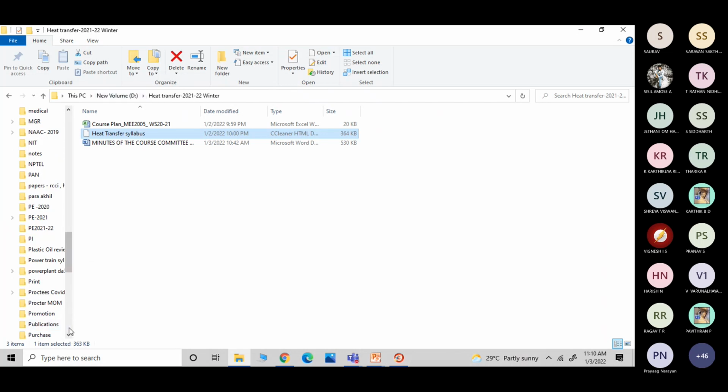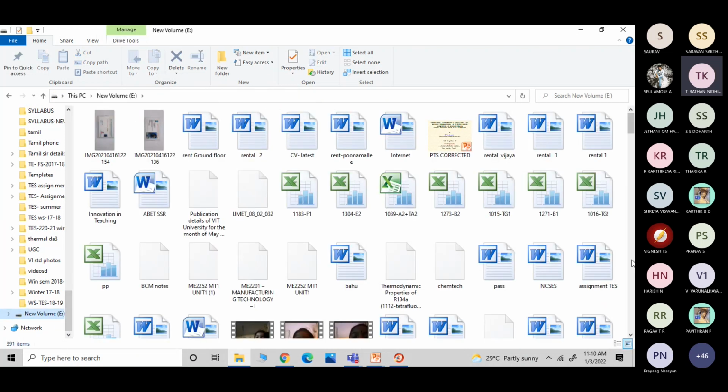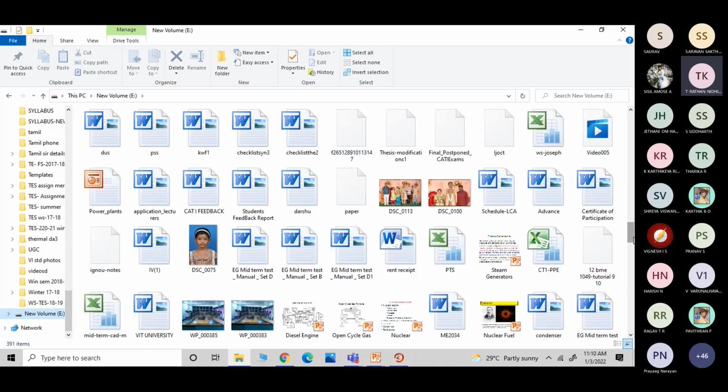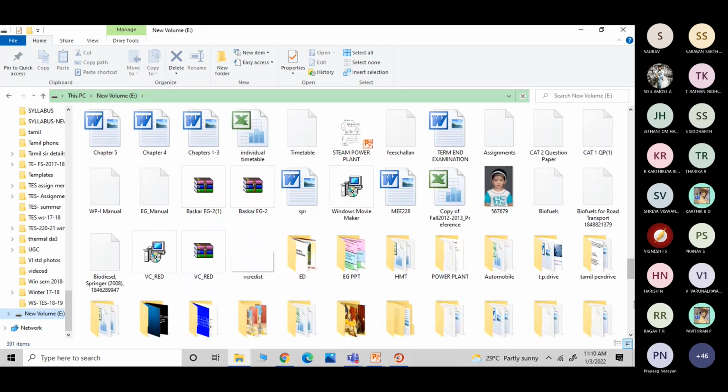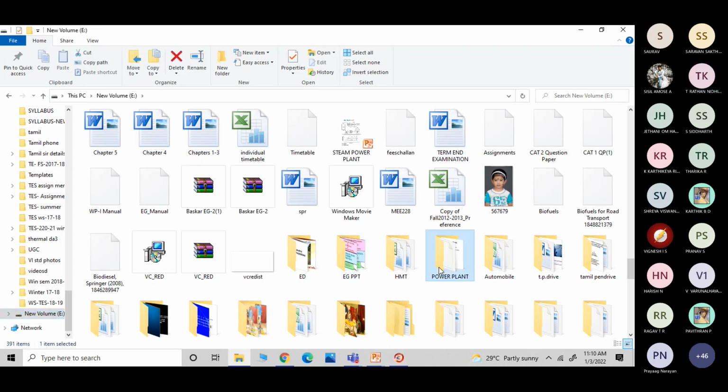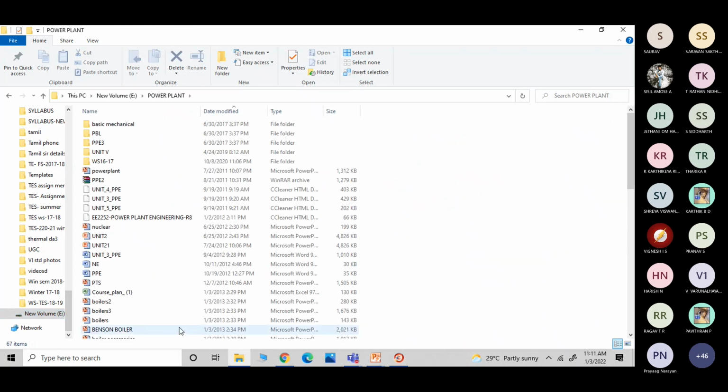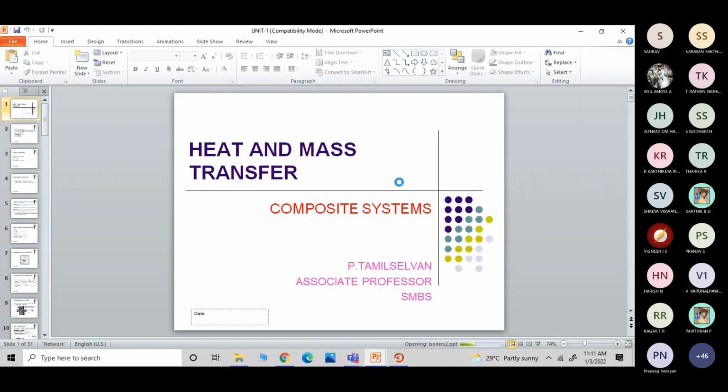Sir, in a fire tube boiler, hot steam is used to heat the water in the pipes. Okay, very good. Hot steam or hot gases? Hot gases will be flowing through the tubes, and you will have cold fluid surrounding it.